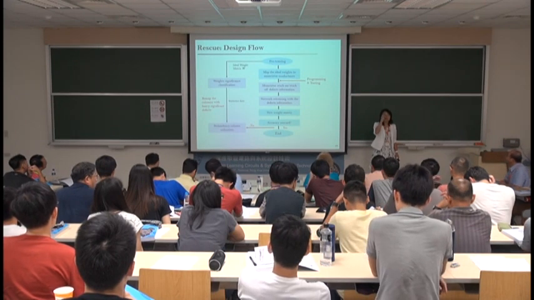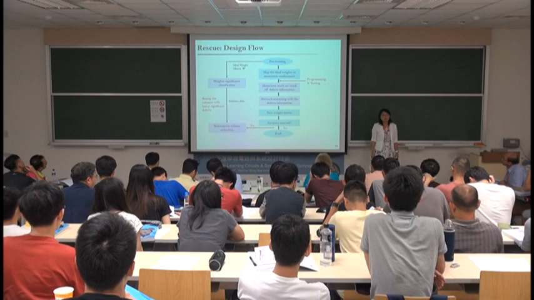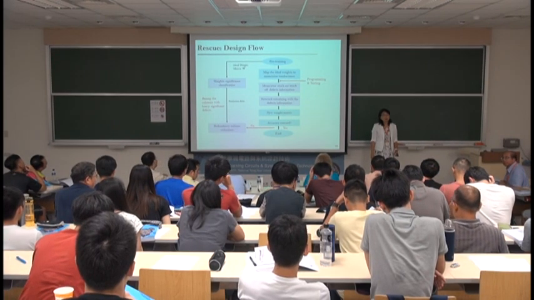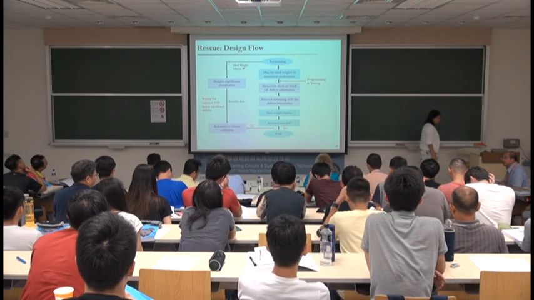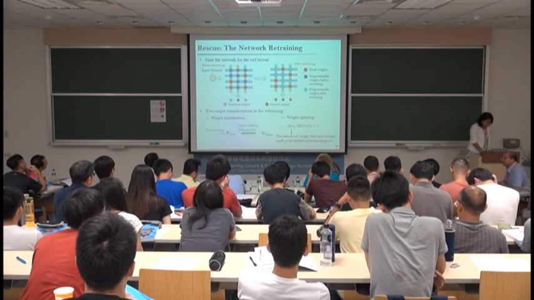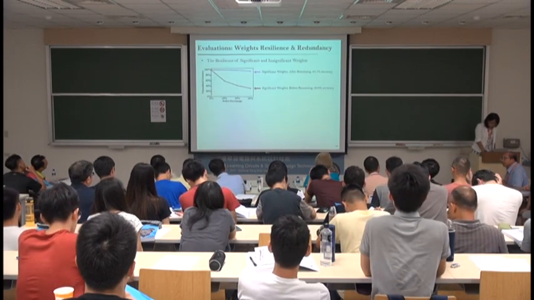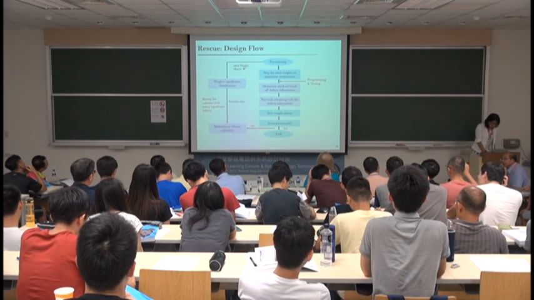But relatively, how many neurons do we train? What I mean is the previous slide shows some are stuck and some are programmable, before retraining and after retraining. Sorry, page 38.